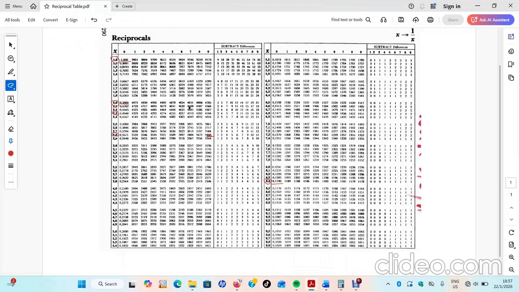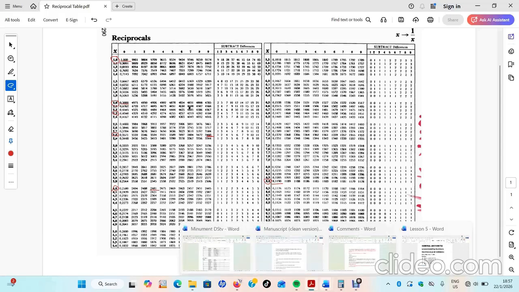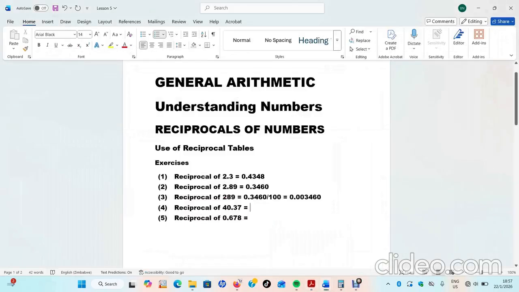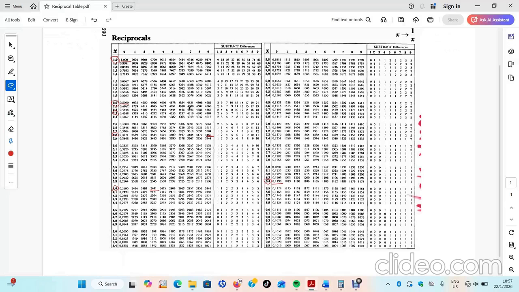Now for 4,37, we go on the x column where there is 4,0. Then on the next one, we go where there is 3, we get 2481. Let's just write down that number, 2481, because we haven't finished. Now we need to deal with the 7. We go to the next column where there is a 7 under subtract differences.